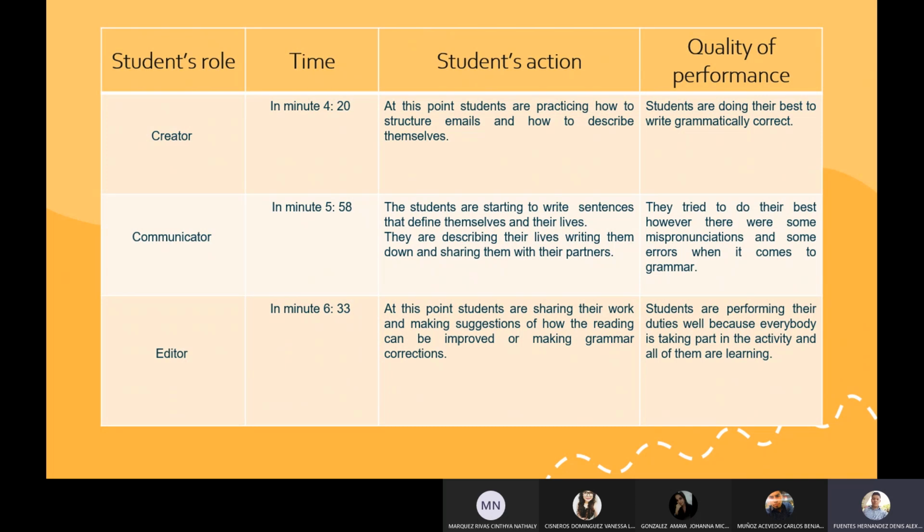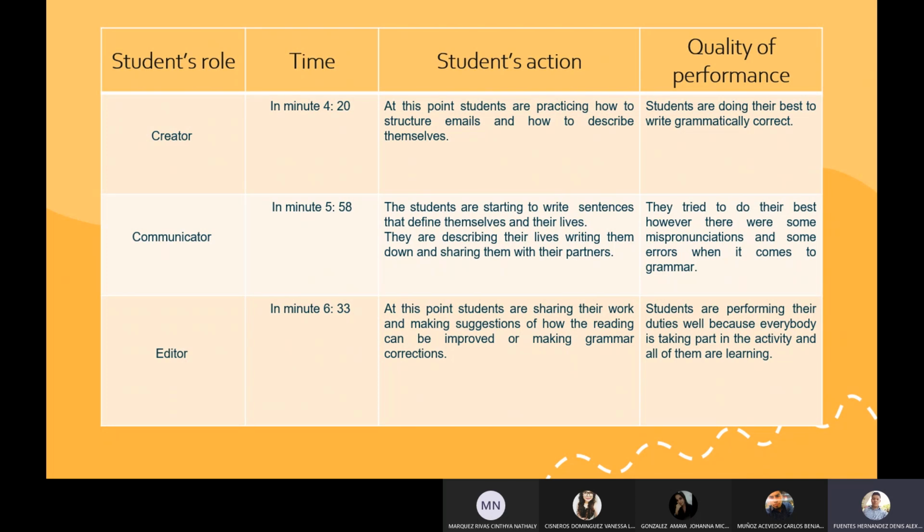And the last one that I noticed was the editor role of students, at minute number 6:33. At this point, the students are sharing their work and making suggestions on how the writing can be improved or making grammar corrections.